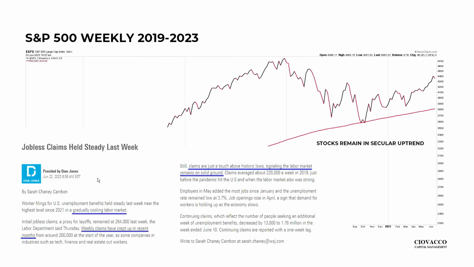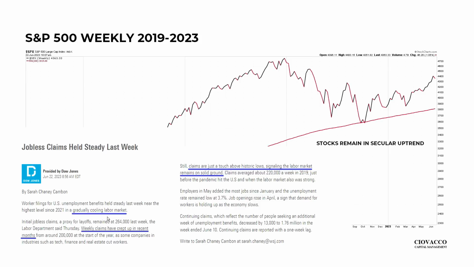Bottom left-hand corner of the screen is a Dow Jones News article dated June 22nd. Jobless claims are just a touch above historic lows, signaling the labor market remains on solid ground. We've seen some gradual cooling, and in many ways that might be a good thing. That might allow the Fed to back off.